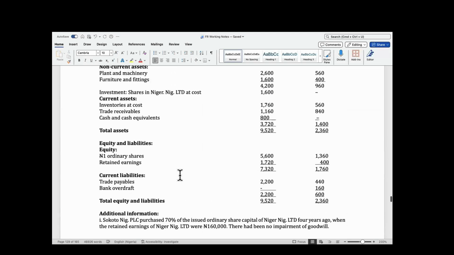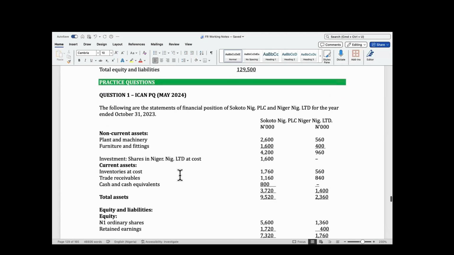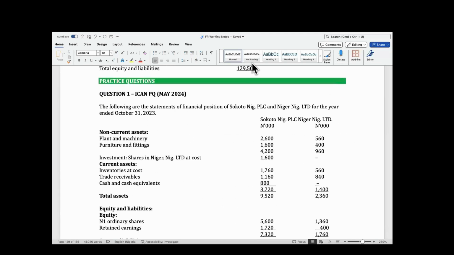Now, again, when you're asked to prepare consolidated statement of financial position, the entire principle is based on the principle of cancellation, where we are going to cancel out similar items, similar transactions between the members of the group.